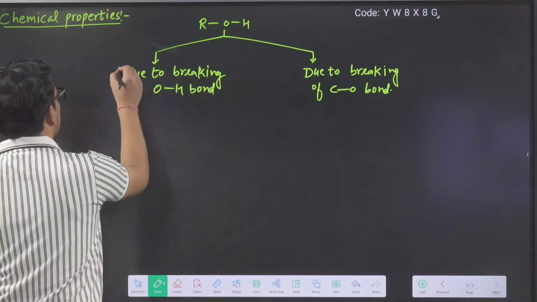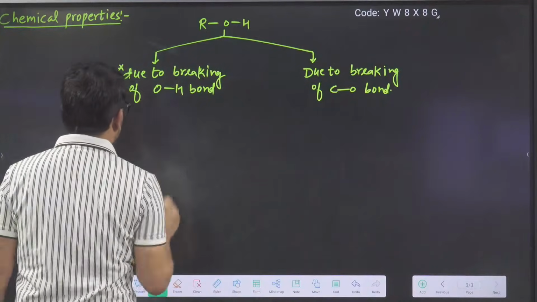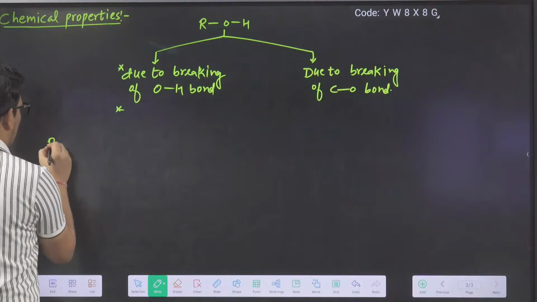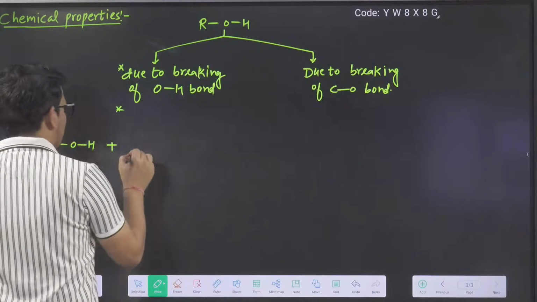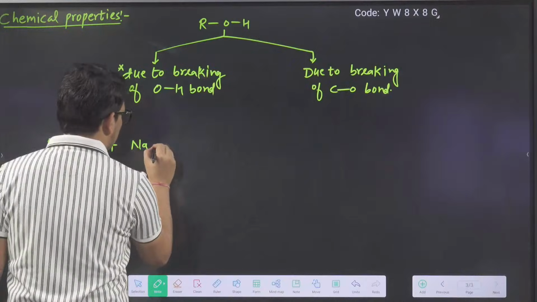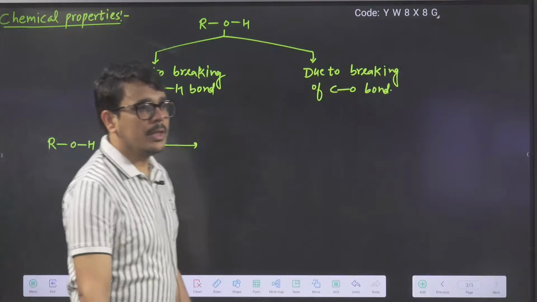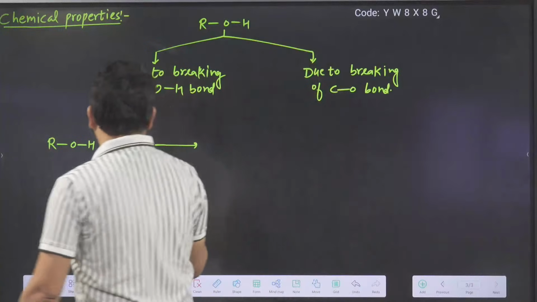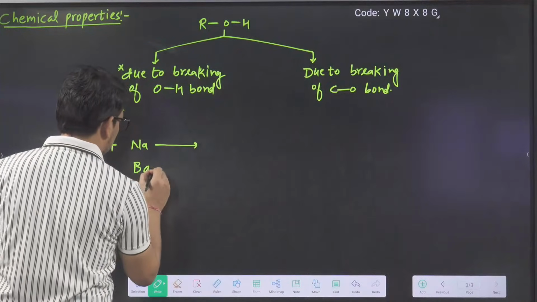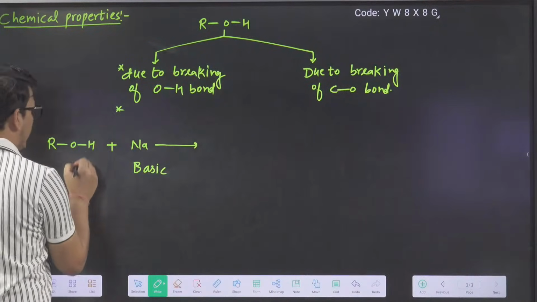Now first example, let's say ROH reacted with sodium metal. Everyone knows that sodium is a metal, so basic in nature. And this OH bond means what?